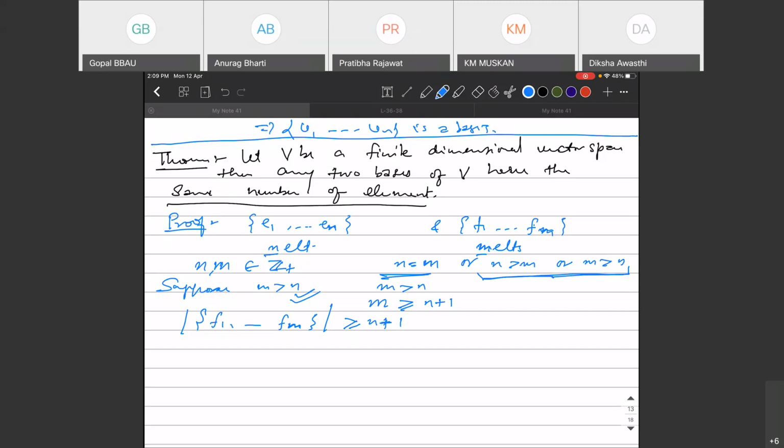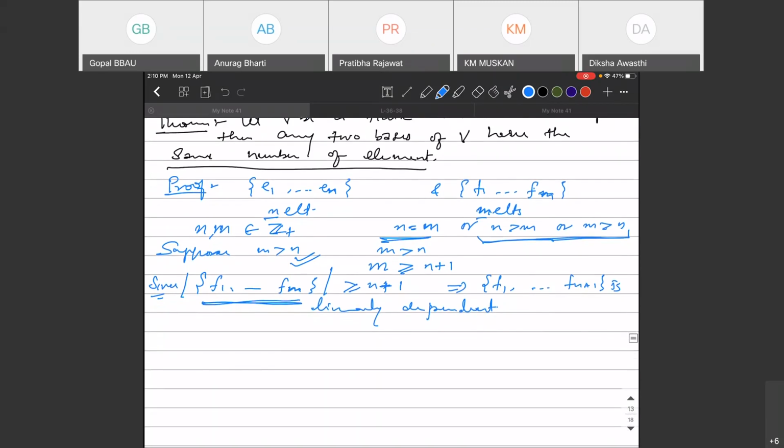So this set will be linearly dependent. Okay. So this implies, since this has n plus 1 elements, f1, f2, ..., is linearly dependent.